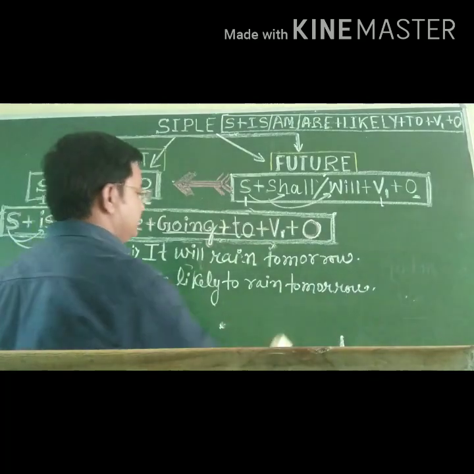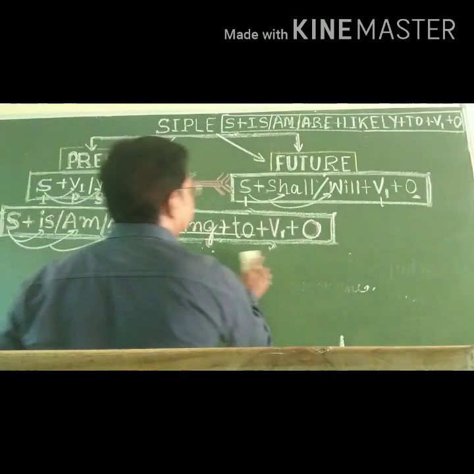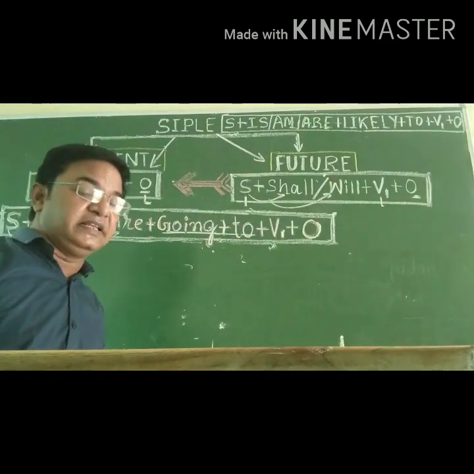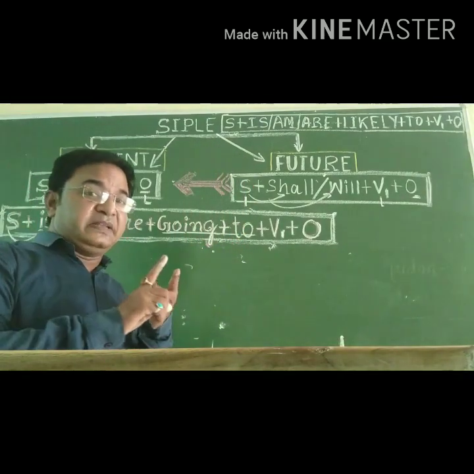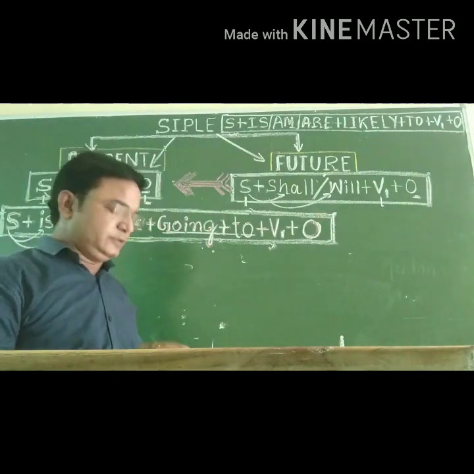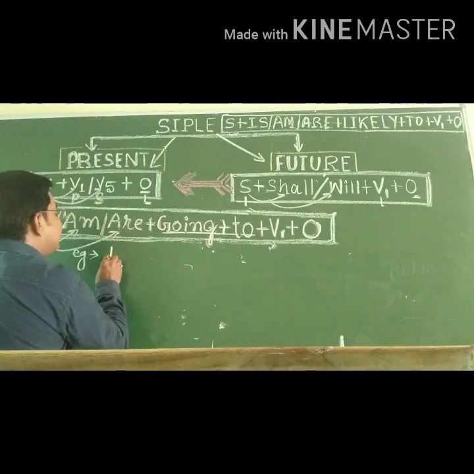See, it has got the relation, children, between simple future and that going to future. For example, you're watching one sentence here.